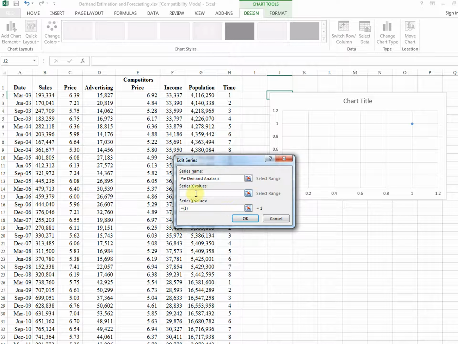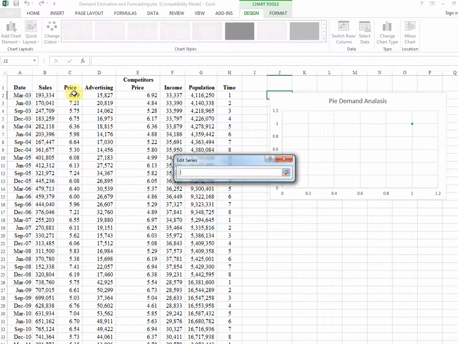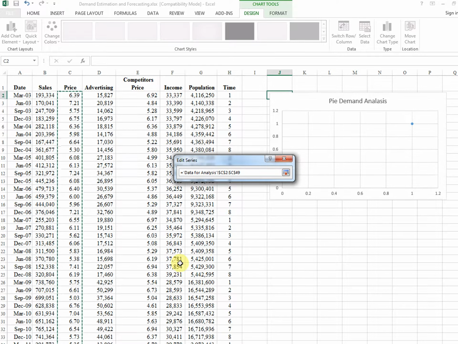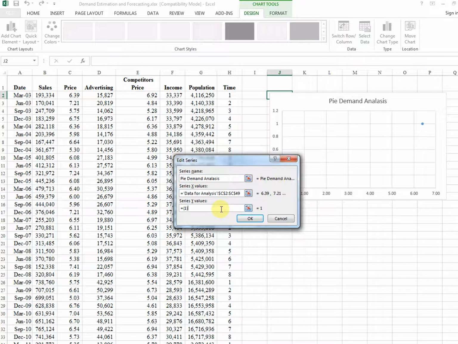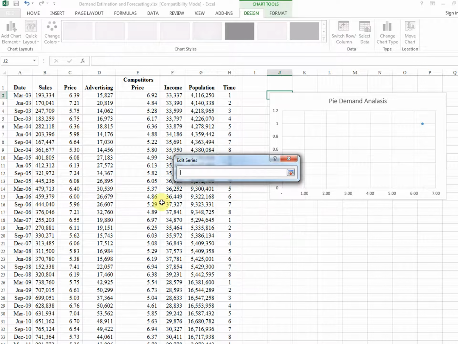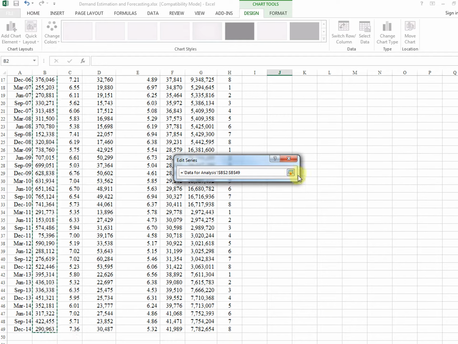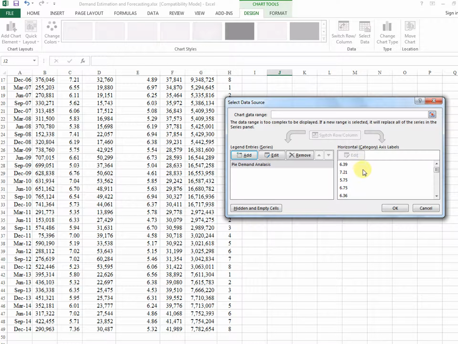In the x-axis, which will be our horizontal line here, we will have the factor that affects the demand, and the main factor is the price. So let's highlight this price factor. So all the data here highlighted, and in the y-axis we will delete everything and highlight sales here. And press OK.